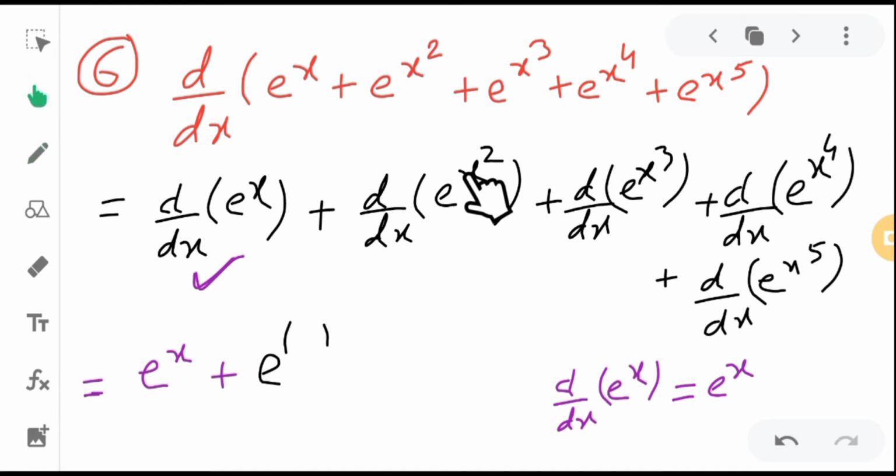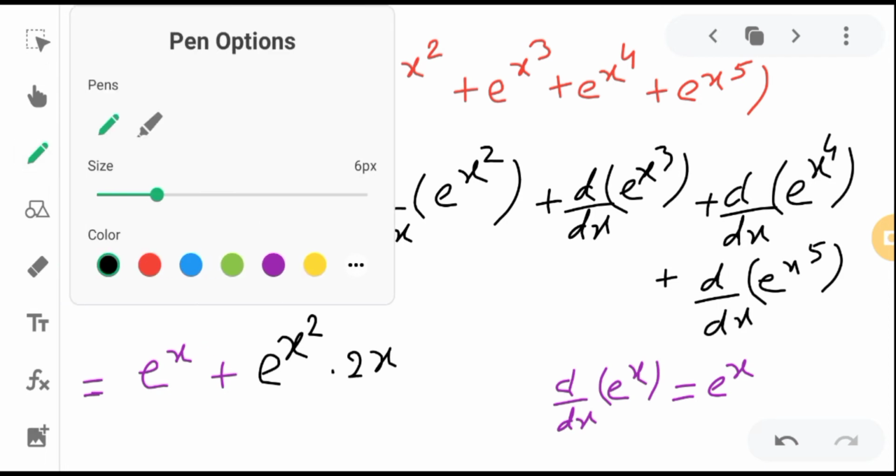So I will write e to the power x square, and then multiply by the derivative of x square with respect to x. The derivative of x square is 2x. So I will write 2x. Second one is also done.